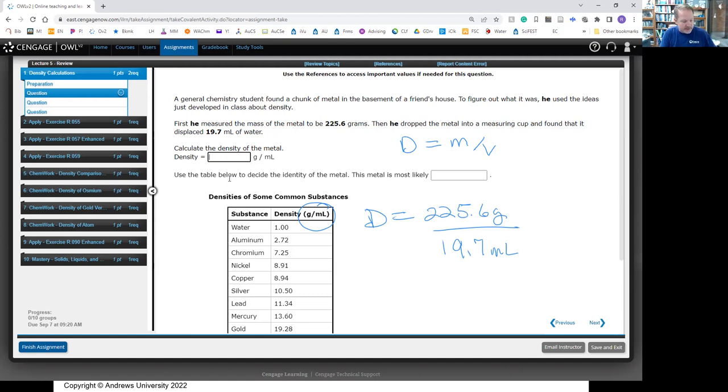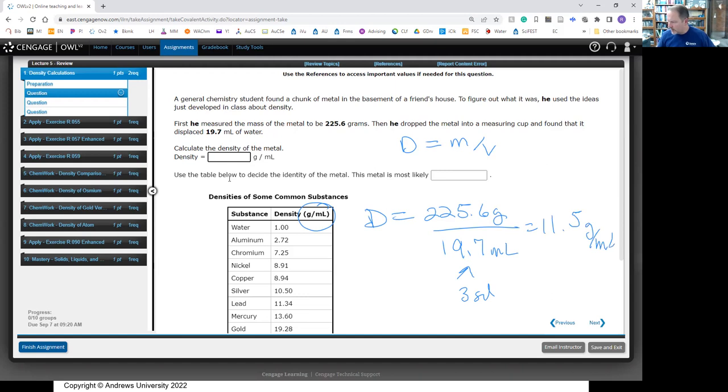And let's see here. Okay, I'm just plugging in 225.6 divided by 19.7, and I got 11.45, but this is 3 sig digs, so I'm just going to go 11.5 grams per milliliter.